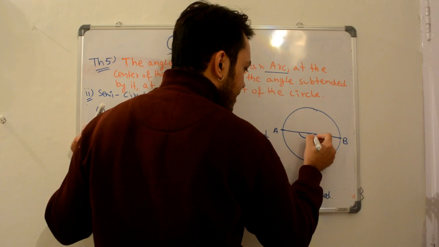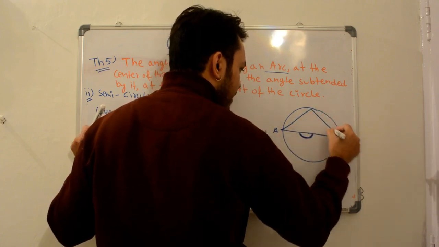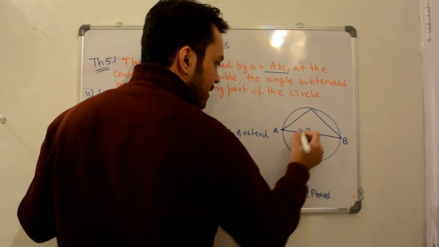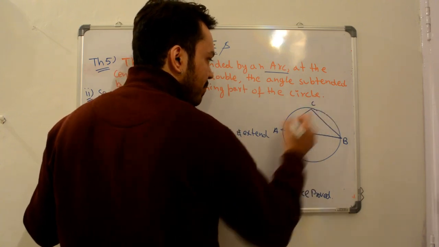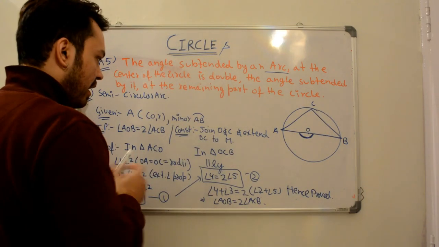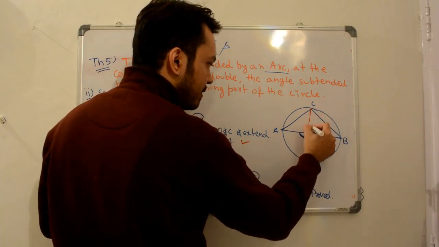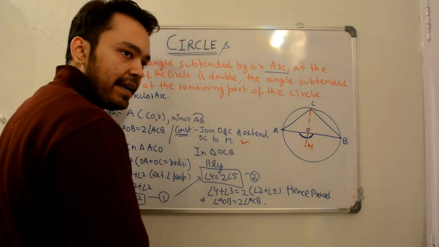Right? Now the angle subtended over here will be twice the angle subtended by an arc at the remaining part of the circle. I again number this as angle AOB, and this as point C. Again, our construction will be the same. We'll join O and C and extend it up to point M, right?